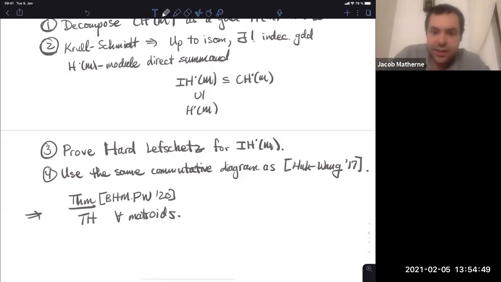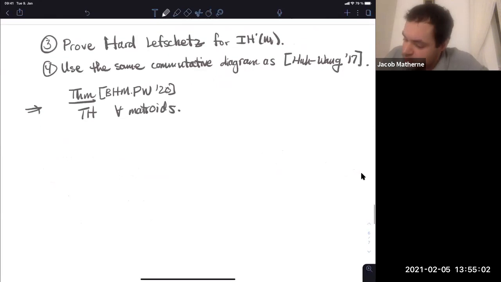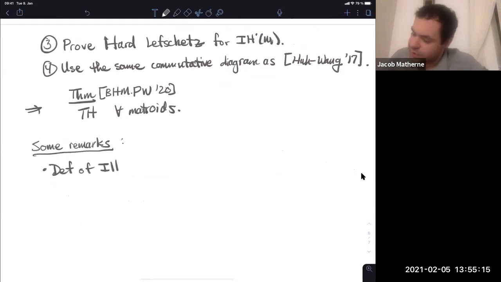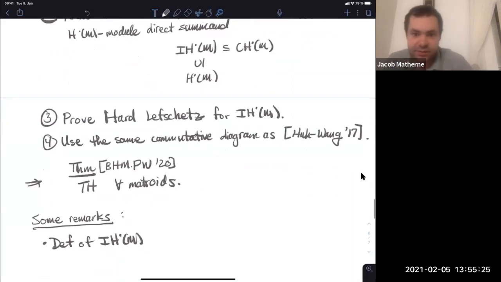So let me say a little bit more, and I have 3 more minutes, it looks like. I want to make a few more remarks on this proof. I've said some of them already, but I want to write them down. The definition of the intersection cohomology module of a matroid that we give in number 2 here, using the Kroll-Schmidt theorem, is not canonical. It's up to isomorphism. It's good for statements, but it's not good for proofs.